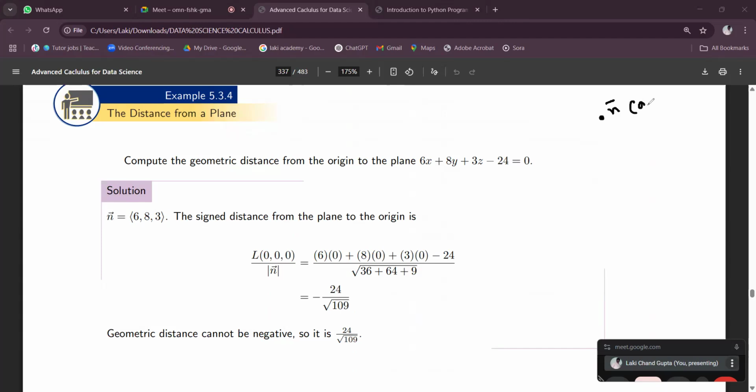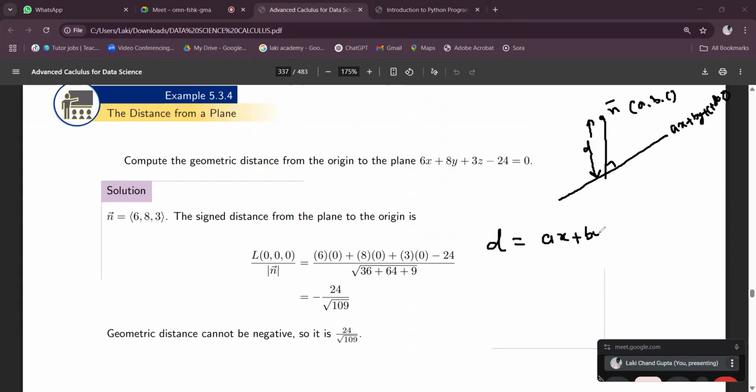Let's suppose this is ABC and this is perpendicular vector and this is normal plane. If I ask you what is the distance between this normal point to this plane, so its formula will be what? It is nothing but what?